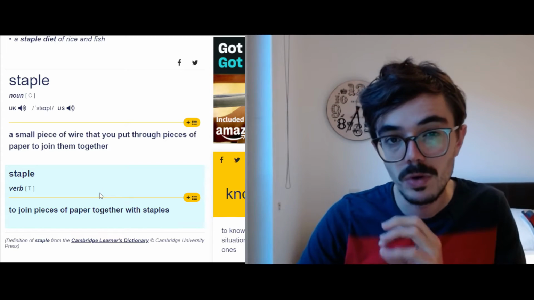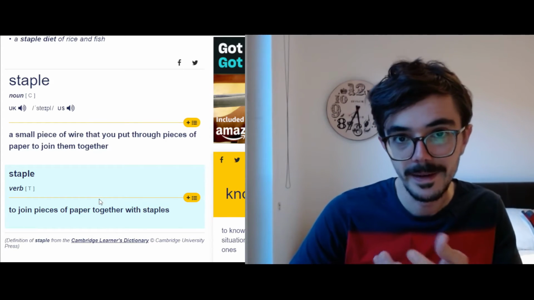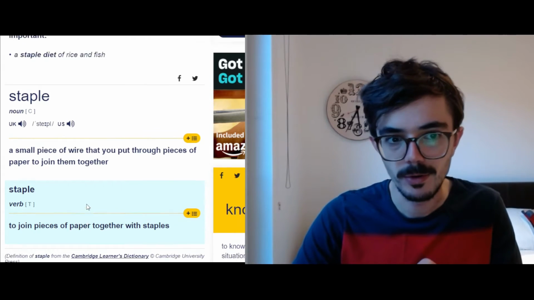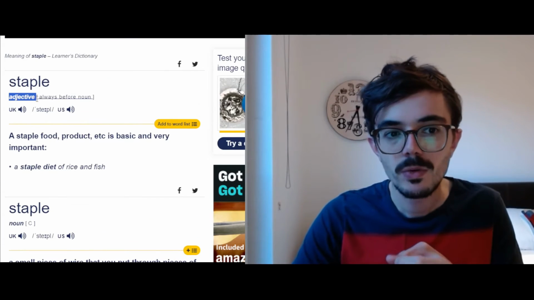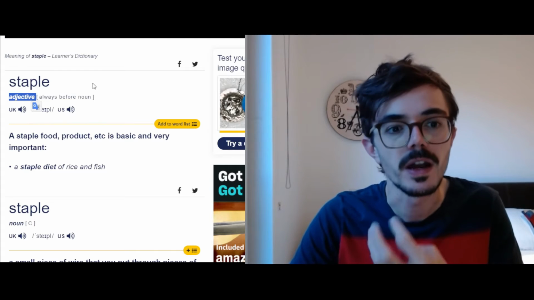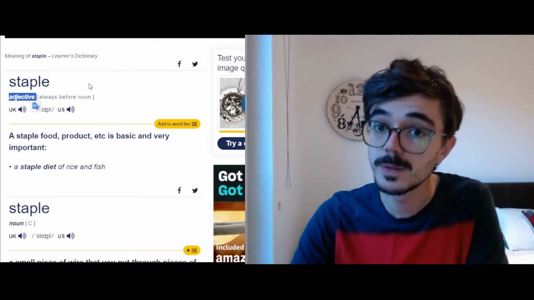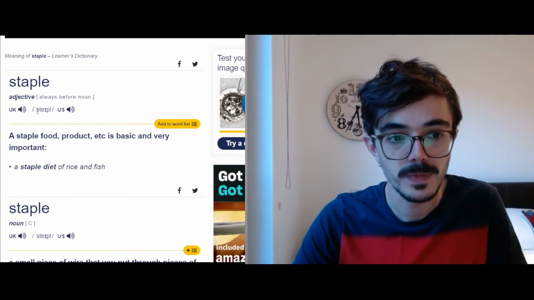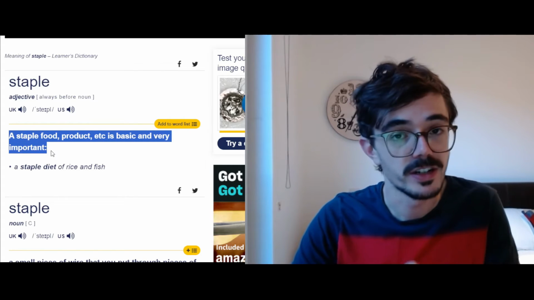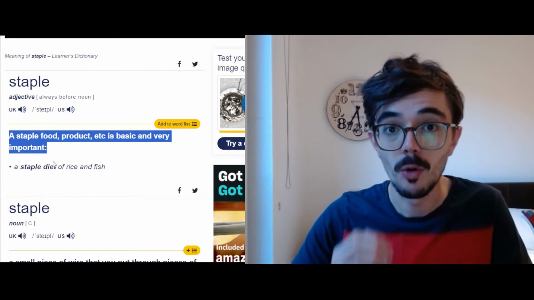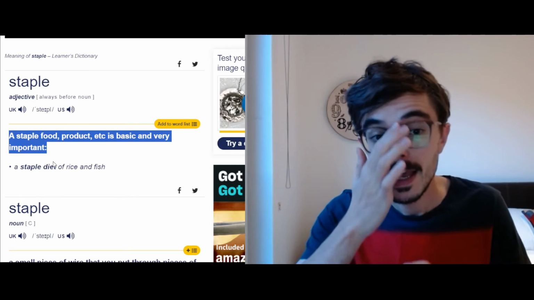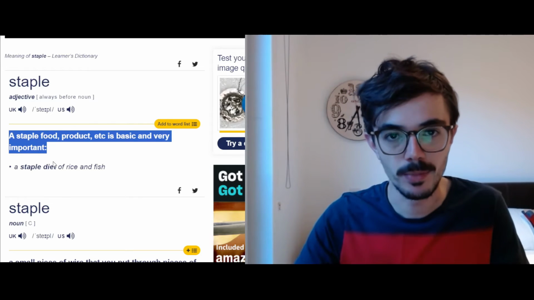Now let's look at the more advanced meaning of staple. Staple can also be an adjective, so a describing word that goes before a noun. Here is the definition. A staple food or product, etc., is basic and very important.